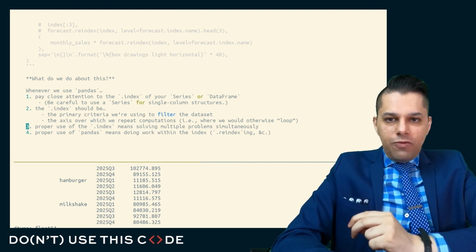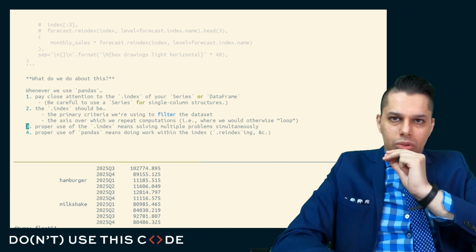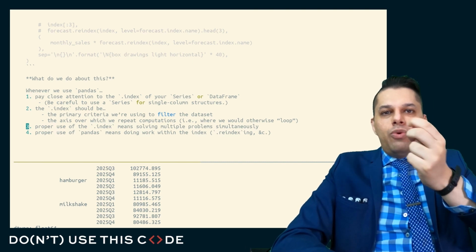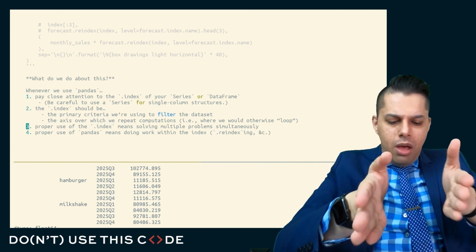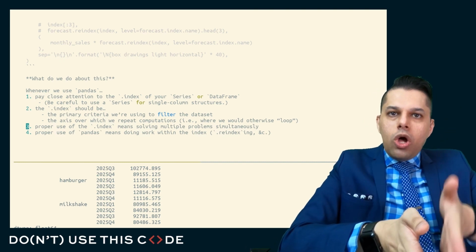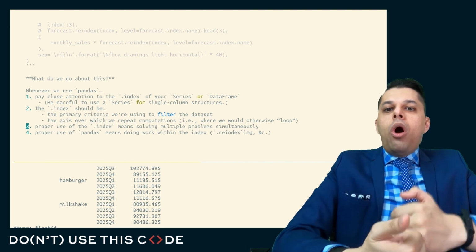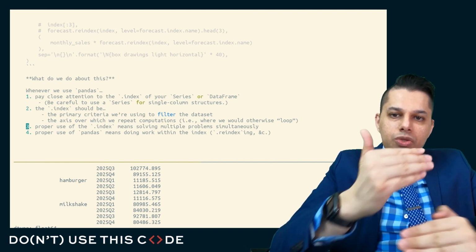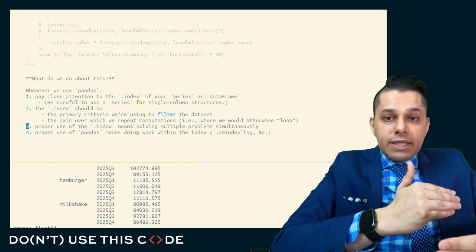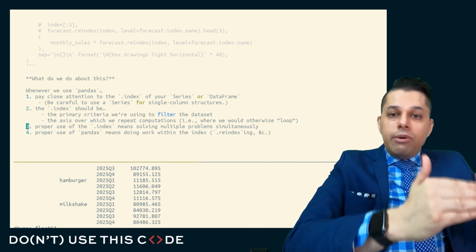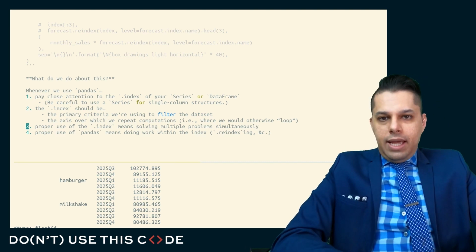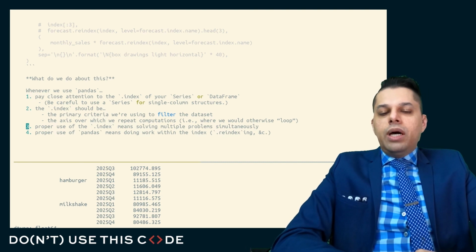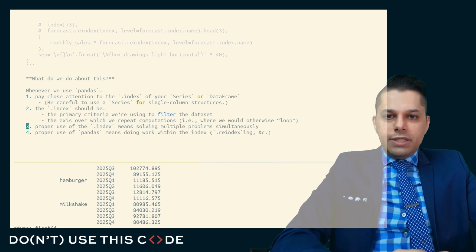And good use of Pandas is typically use wherein we stay within that index. We're doing operations where we're not just resetting index all the time, but we're making use of that index to solve something useful. And we often find that a good amount of our code is working within that index, doing sort of re-indexing or constructing new surrogate indices, whatever the case may be. Some operation within that index, which then leads to the underlying transformation or analysis.